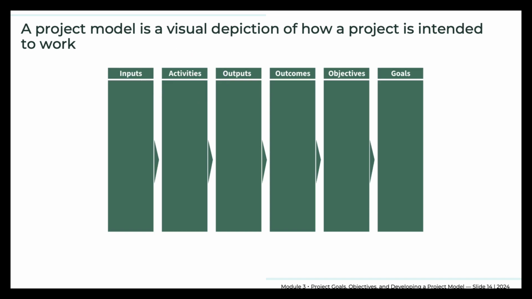They also show desired project outputs and outcomes. In addition to informing project design, project models can help with project evaluation, a subject we will return to in Module 10. Meanwhile, to describe project models, we need to define the terms inputs, activities, outputs, and outcomes.